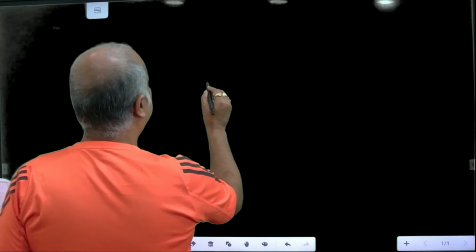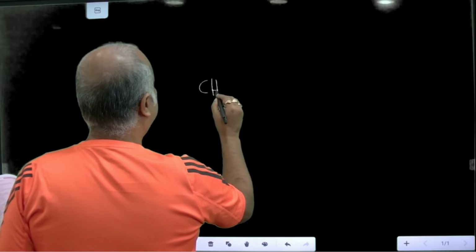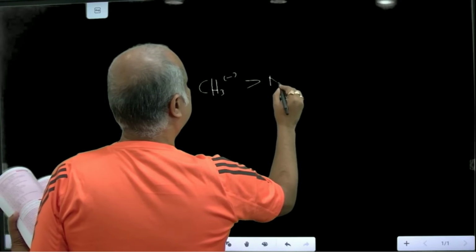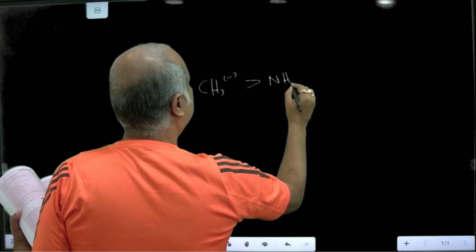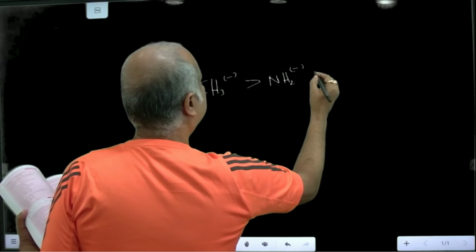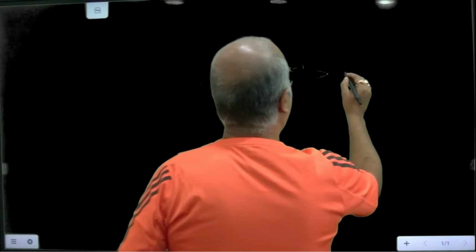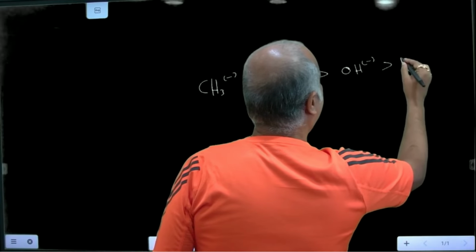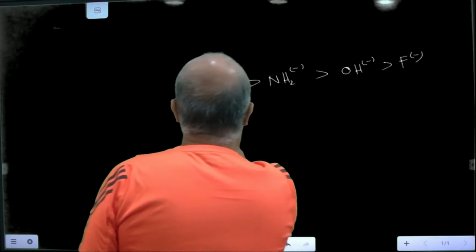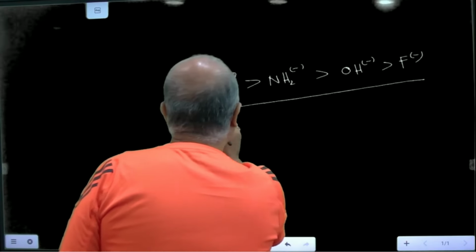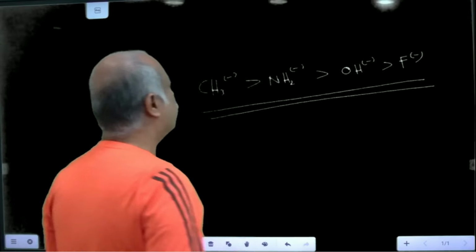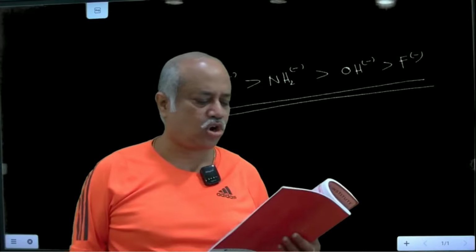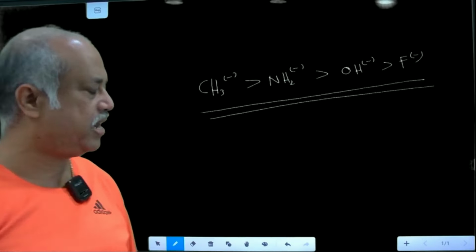So CH3 minus greater than NH2 minus greater than OH minus greater than F minus. This is the technical part of the MCQ. This is the nucleophilicity order across a period.